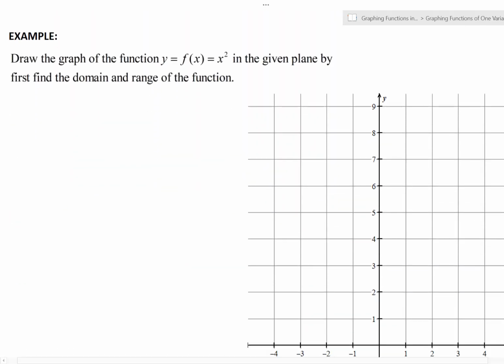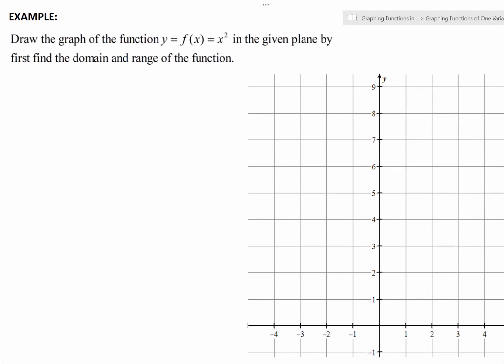Here is an example. We are given the function y equals f of x equals x squared. So the rule here: take the input x and square it to get the output y. Now, we should note that the domain of f here is all real numbers. So it doesn't matter which number we plug in, this function is going to be defined, and we can't graph all of the ordered pairs, but we'll graph some.